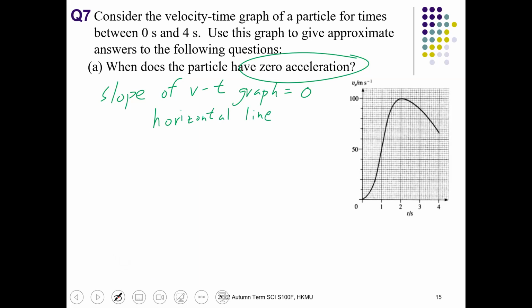From this graph, the horizontal line is around 2 seconds. If we write down 1.9 or 2.1, close to 2, this is all perfect, unless we enlarge the graph. This is around 2 seconds.